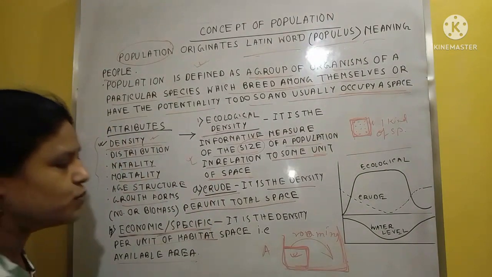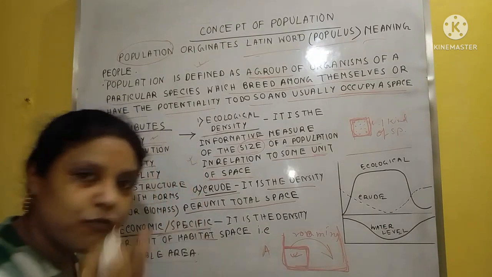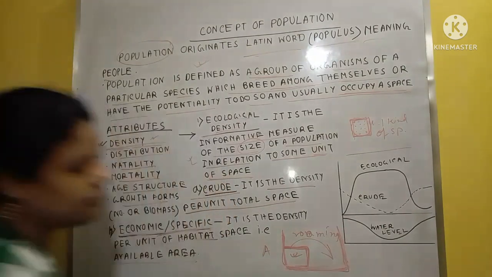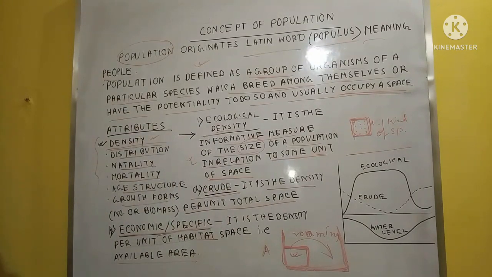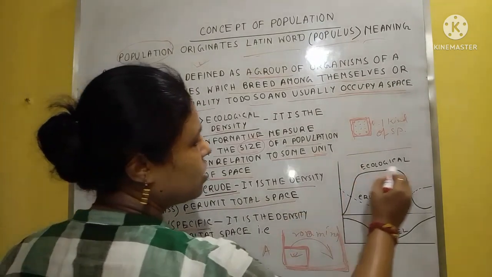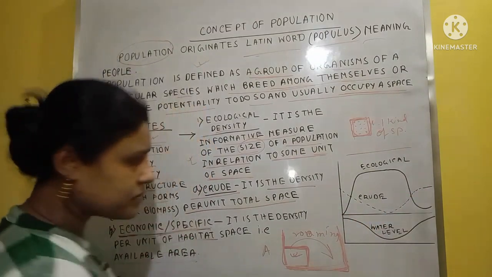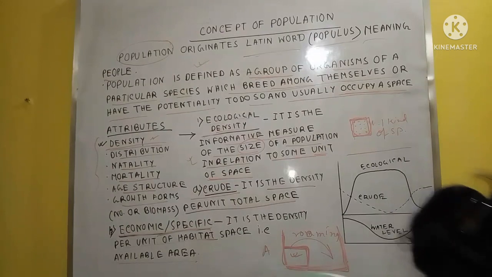So crude density means the total number of individuals of a particular species in the total unit area. Clear? This is crude density and this is the ecological density. You can see in this graph the ecological density curve and the crude density curve. Clear? Okay, I think this is done.